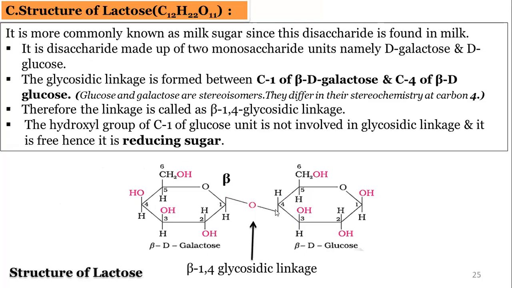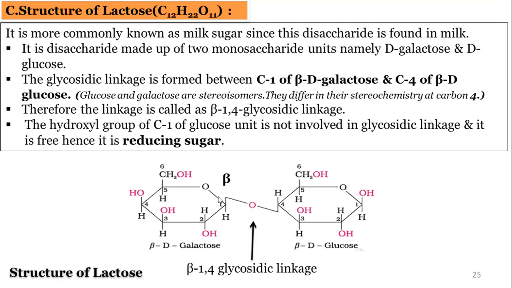In galactose, the OH is above and H is below, but in glucose, H is above and OH is below. This is the only change between galactose and glucose. Both are stereoisomers, as also mentioned in the notes. They differ in stereochemistry at carbon number 4 only. Otherwise, both structures are the same.